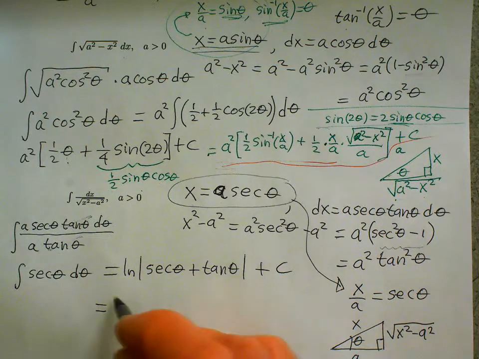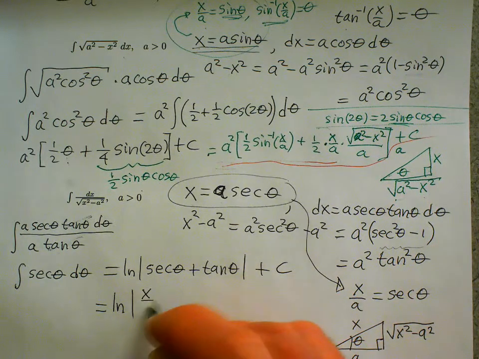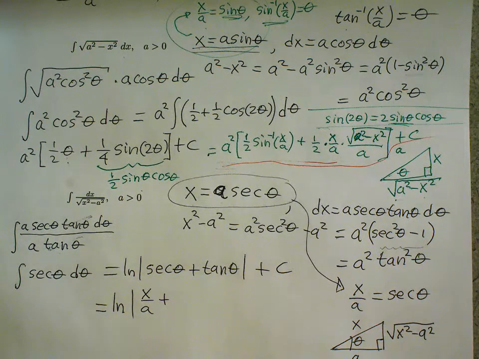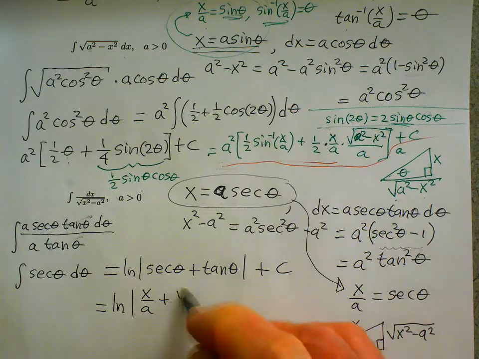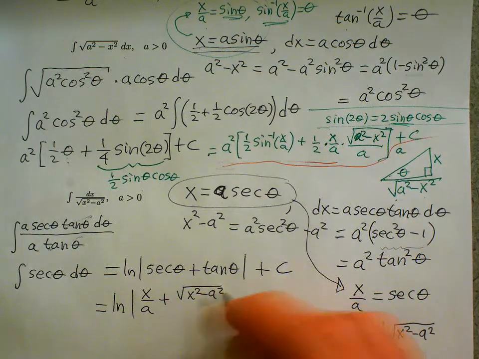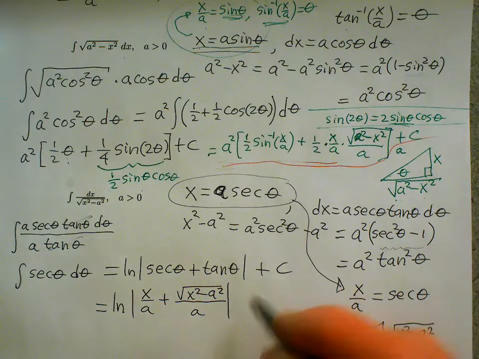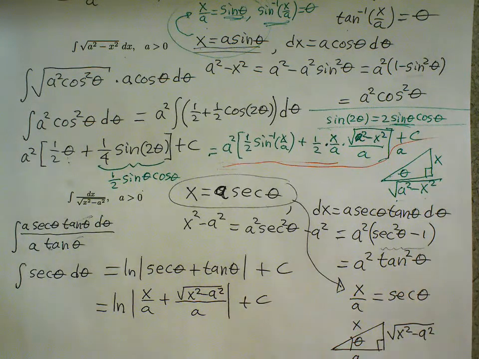So now we can write the natural log of secant of theta, which is x over a, and then plus the tangent of theta, which is opposite over adjacent. That's the square root of x squared minus a squared over a, and then plus the constant of integration.